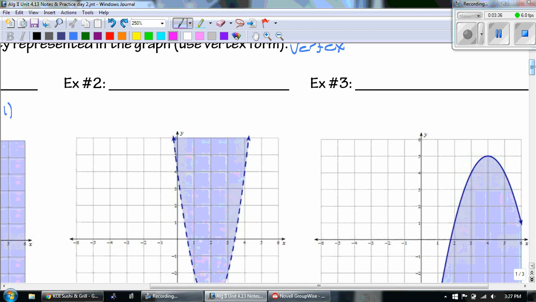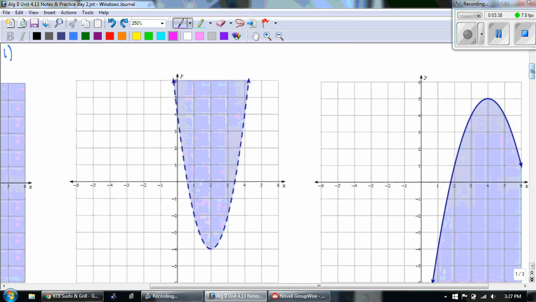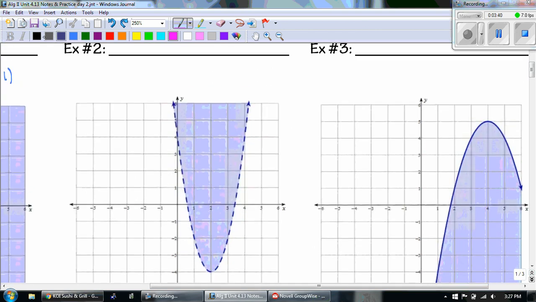Number 2, okay? I'm just looking at the shading and how my line looks. It's dashed, and dashed means open. It's the same thing, okay? So it's open, and this time we shaded above the inequality. So open and above is the greater than.